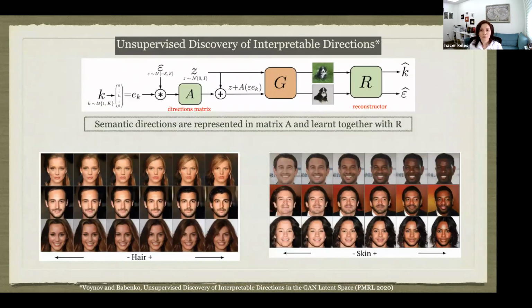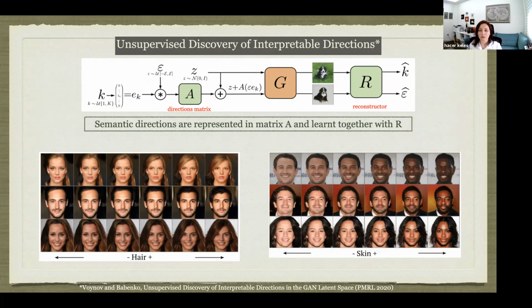Another work from the literature is in the same direction. Voynov and Babenko designed an end-to-end trainable framework to compute attribute directions in an unsupervised way. The idea is quite interesting and simple, therefore elegant, I think. They create a randomly transformed version of a randomly sampled latent code. Here, as you can see on the top chart, this is the architecture.